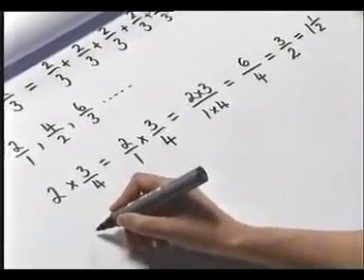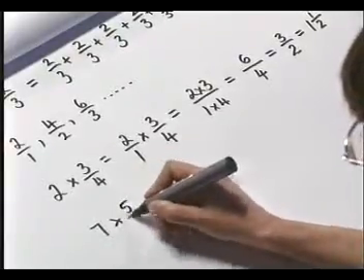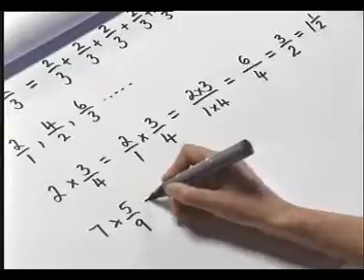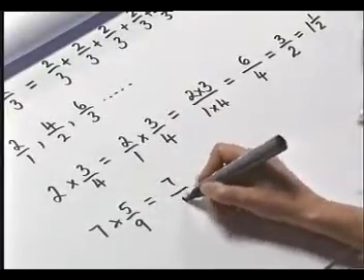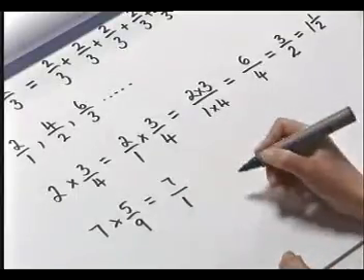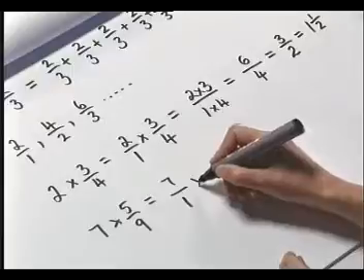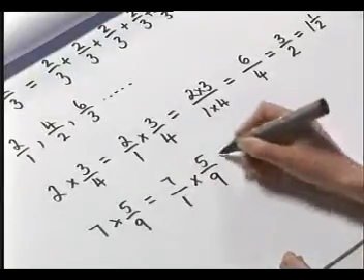Let's have a look at another example. This time 7 multiplied by 5/9. So let's turn our 7 into an equivalent fraction, with 1 as the denominator, multiplied by 5/9.